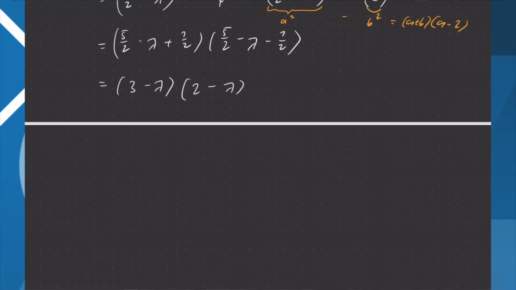And that means the eigenvalues of A are lambda 1, let's take the smaller one first, that is 2, and lambda 2, that is 3. So these are the two eigenvalues.